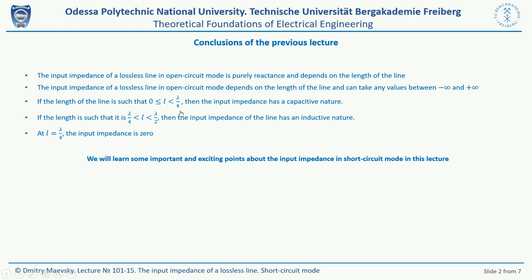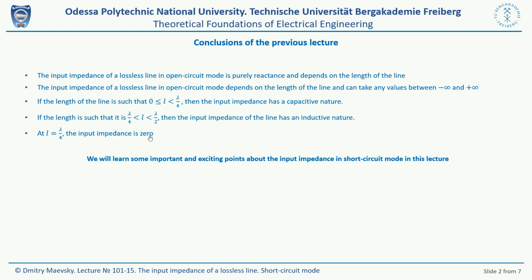With a further increase in the length of the line, its input impedance becomes inductive. And when the length of the line is exactly 1/4 of the wavelength, its input impedance becomes zero, meaning that such a line is equivalent to a short circuit section.